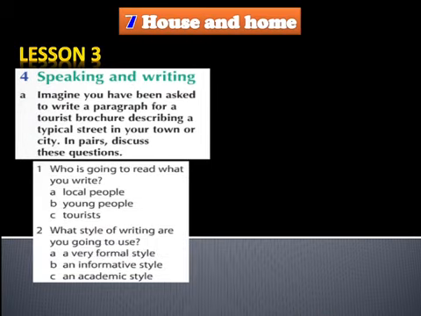Imagine you have been asked to write a paragraph for a tourist brochure describing a typical street in your town or city. In pairs, discuss these questions. Who is going to read what you write? Tourists, of course. What style of writing are you going to use?